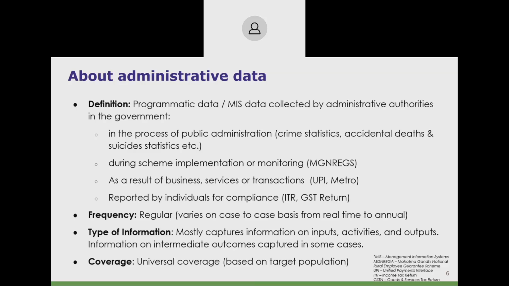Now that can include programmatic data for our schemes, the MIS systems that we have, the data which is collected as a part of service delivery in the form of various public services, metro, UPI, etc. A lot of compliance data is also generated, like tax returns, and also the data which is collected in the process of broader public administration in the form of crime stats and other elements.